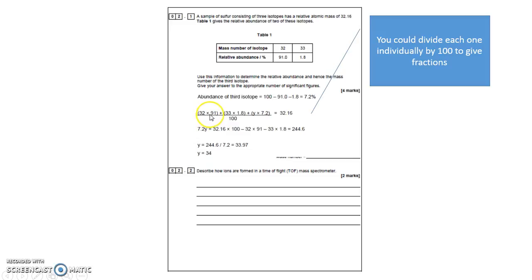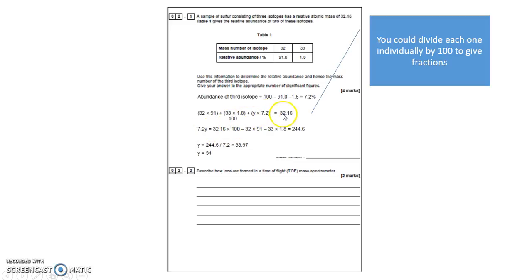Or you could say 32 times 0.91, 33 times 0.018, and Y times 0.072. You could have divided them and have fractions out of 1 instead of out of 100. And it equals the average mass, so that's the average value when you multiply them all up.